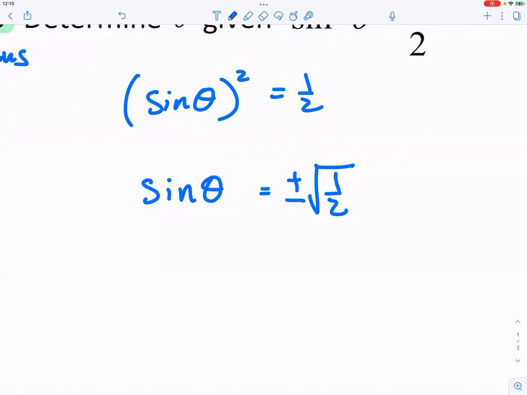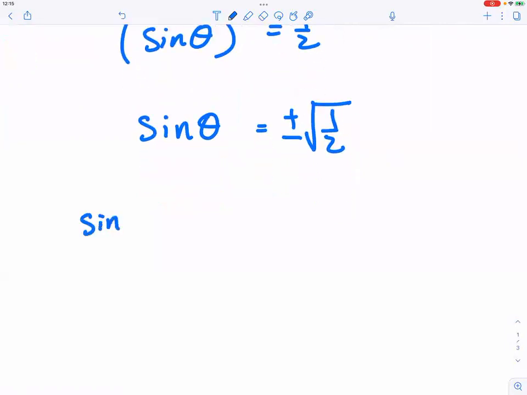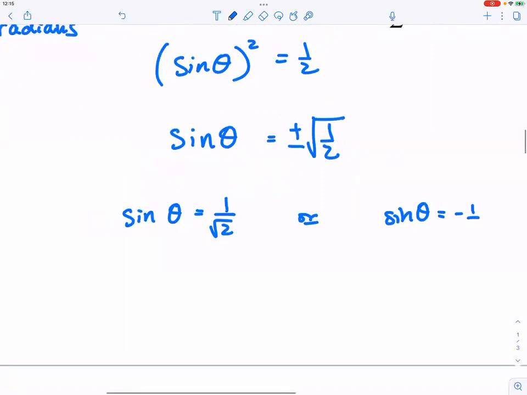We don't know what sine theta really is. Positive, could be, negative, well, who knows? So now let's go ahead and split this into two situations. So we have sine theta equals 1 over root 2 and sine theta equals negative 1 over root 2. Okay, the positive version and the negative version.